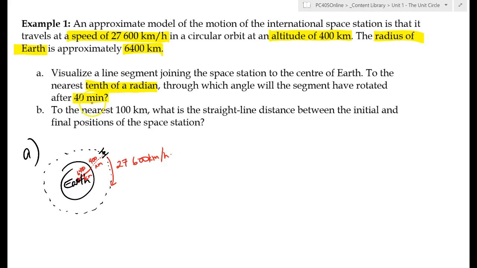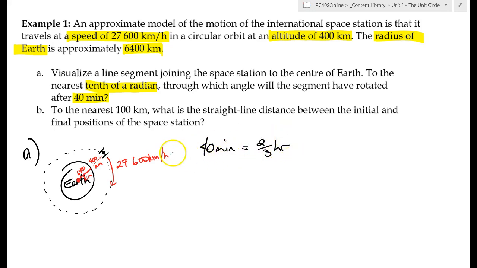So in 40 minutes, well, we're working in per hour here. So the first thing I want to do is convert minutes to hours. So 40 minutes is equal to 2/3 of an hour.